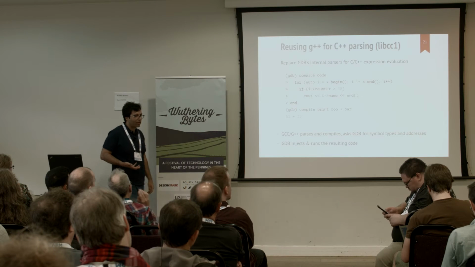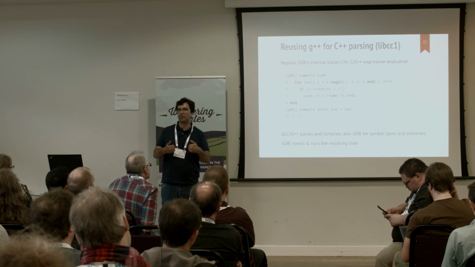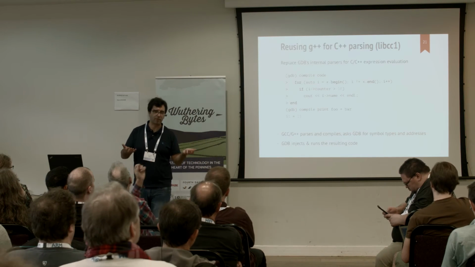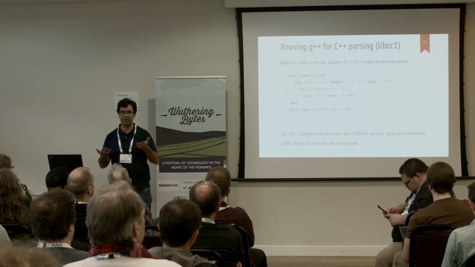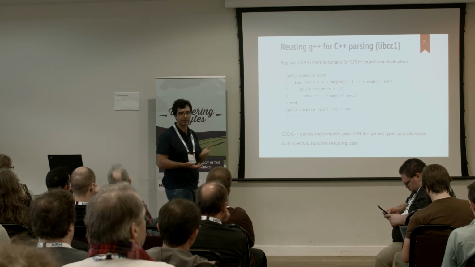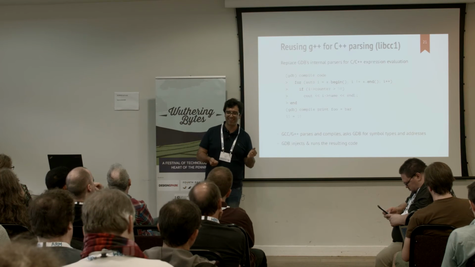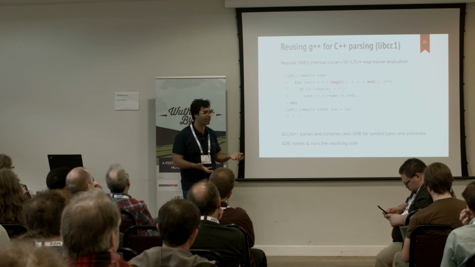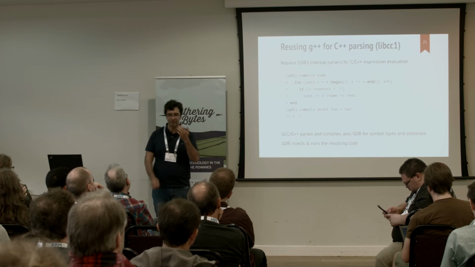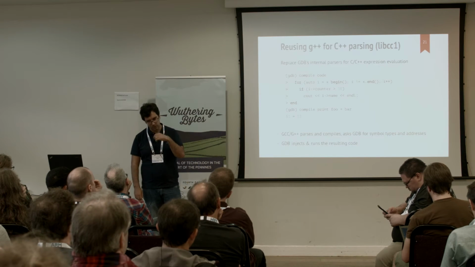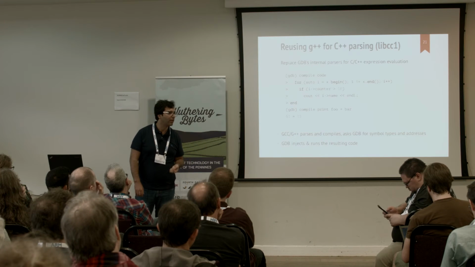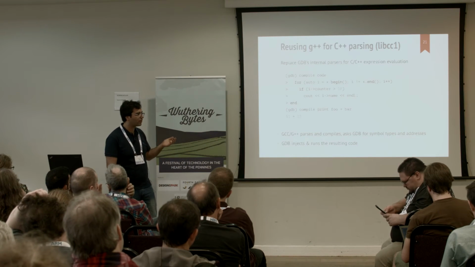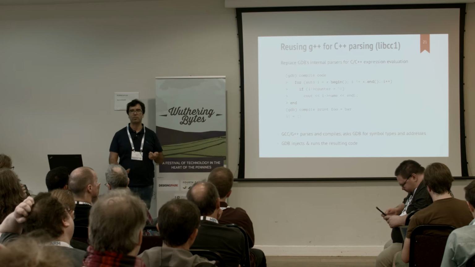The original motivation for this is that GDB internally has a C++ parser, and the parser sucks and doesn't support many features in C++. Constructors, new, calling operators, all of those things are not very well supported or not supported at all.